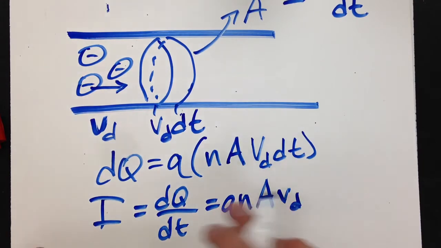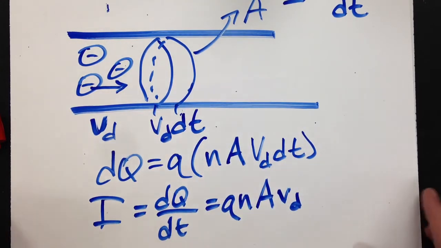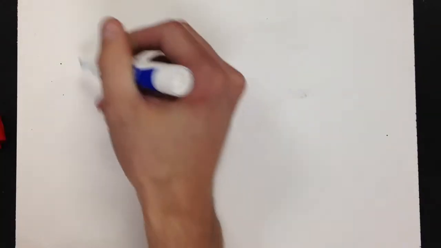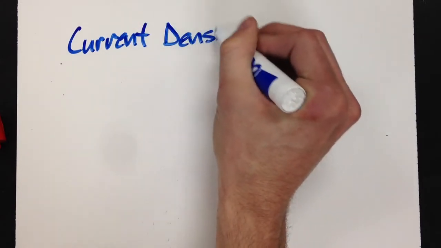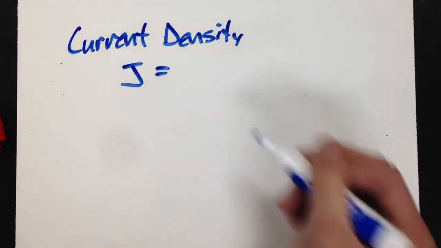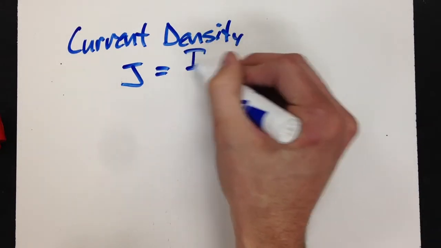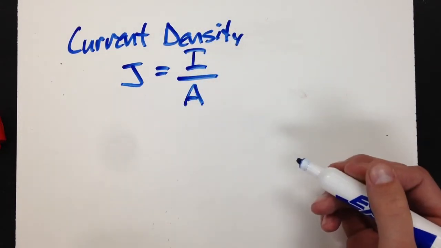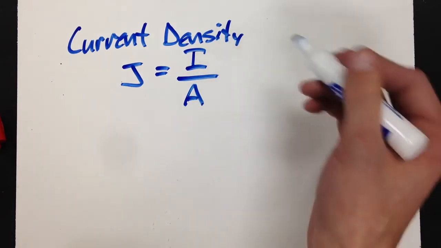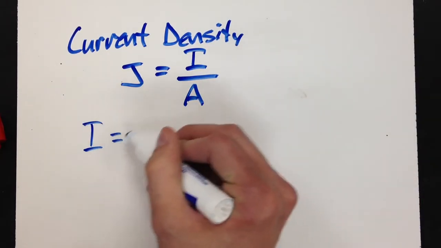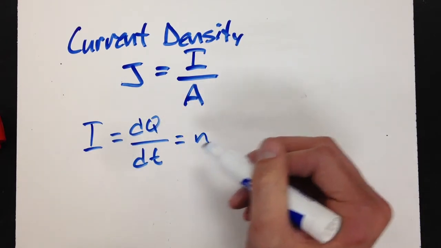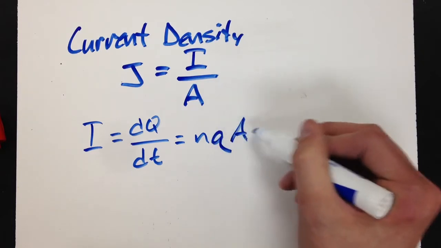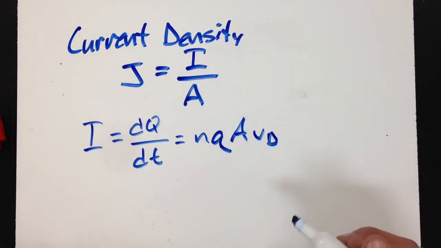Now, something that's useful when we're talking about resistance is current density. Now, current density is denoted with a J. And current density is basically how much current over a given area. Now, we've written current previously as dq over dt, which was N times our charge times A times Vd.